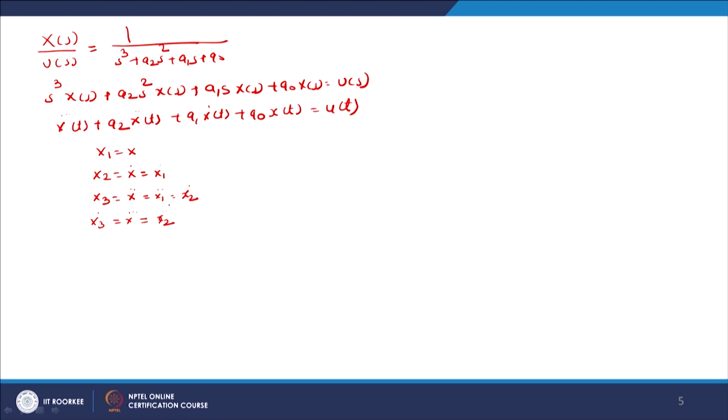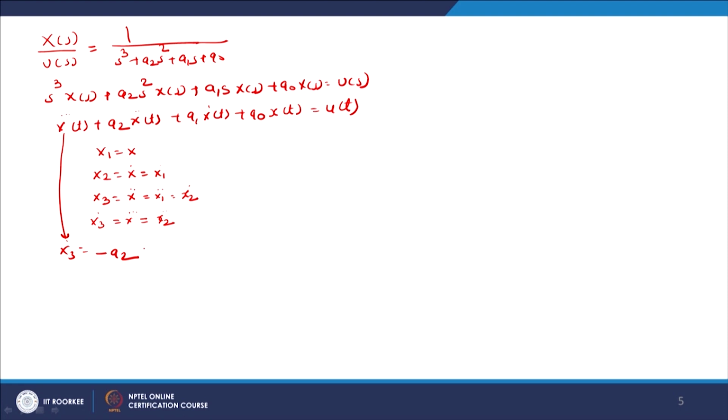Now we have to write this equation in such a manner that all these variables are adjusted. So x triple dot we write as x3 dot, and we get x3 dot equal to minus a2, and what is x double dot?